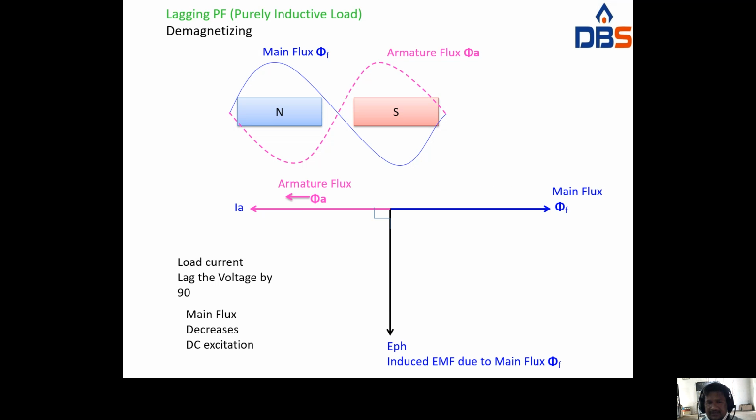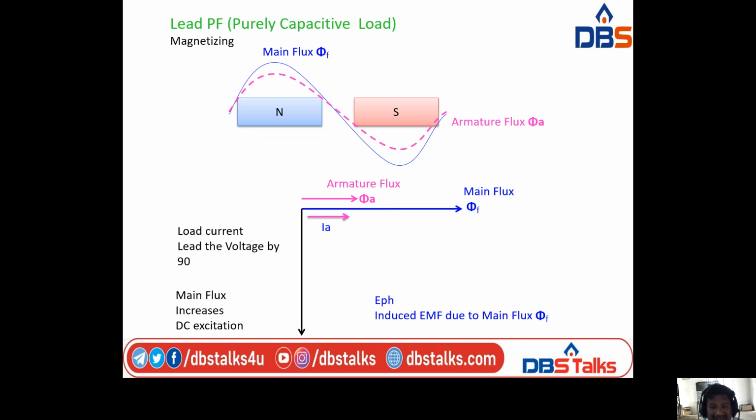Next one, leading power factor, that is a purely capacitive load. A purely capacitive load means the current leads the voltage by exactly 90 degrees. Look at the figure: north pole, south pole, this is the main flux, and this is the armature flux.